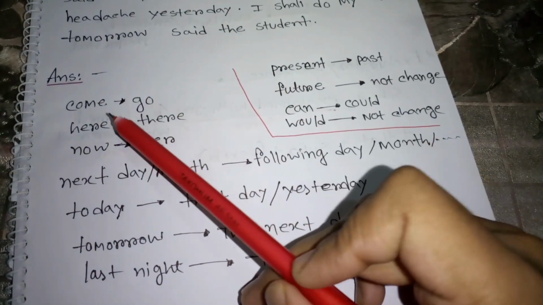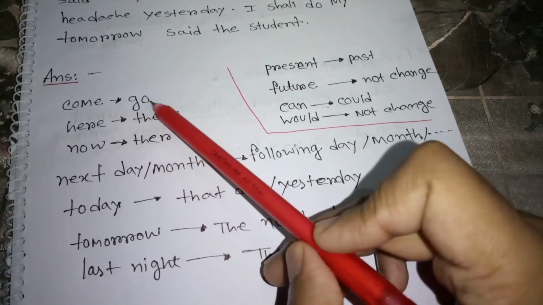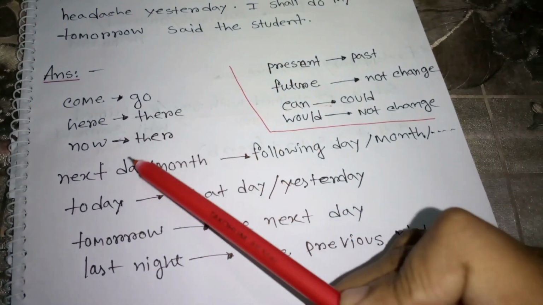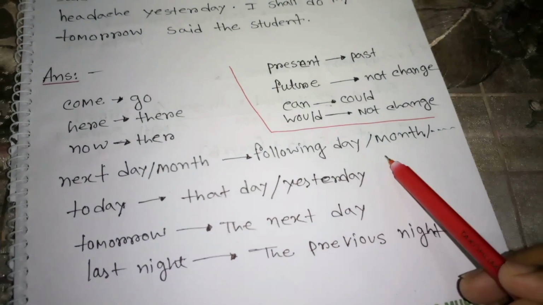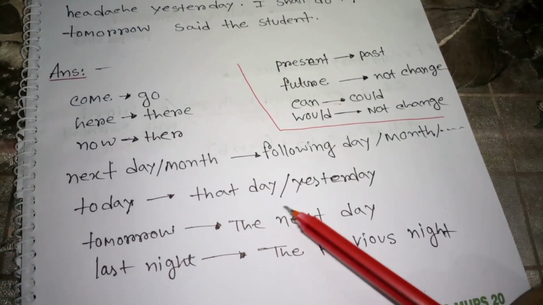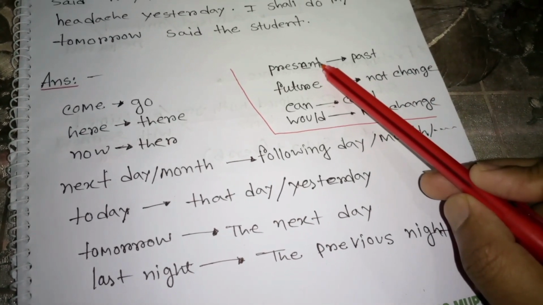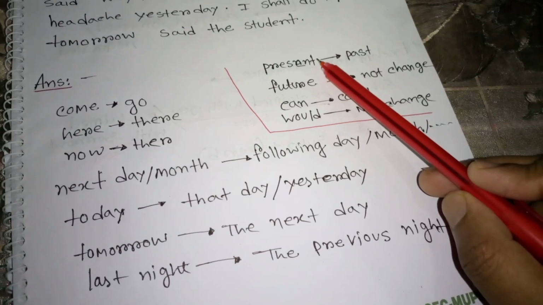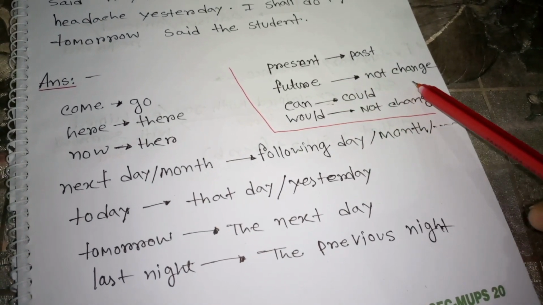Here I'll give you some examples. If the verb is "come," you have to change it to "go," "here" to "there," "now" to "then," and "next day, month" or "following day, month," "today" to "that day," "yesterday" to "the previous day," "tomorrow" to "the next day," "last night" to "the previous night." If the sentence is present, you have to change it to past, and if it is future, you should change it.